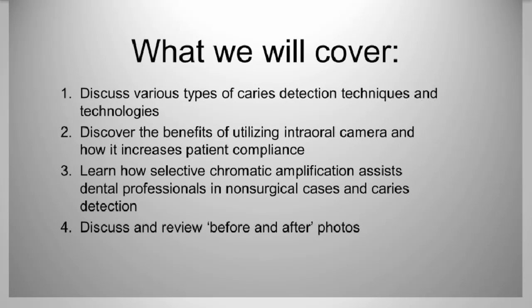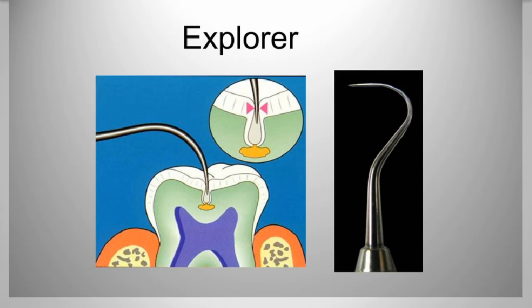So let's start off with Old Faithful, as I call it, the Explorer. Anytime you think of finding a cavity, any dentist or hygienist would automatically think Explorer. But as the photograph here shows, and the close-up especially, this fluoride-rich layer of enamel makes it hard for the Explorer to get what we call a stick.